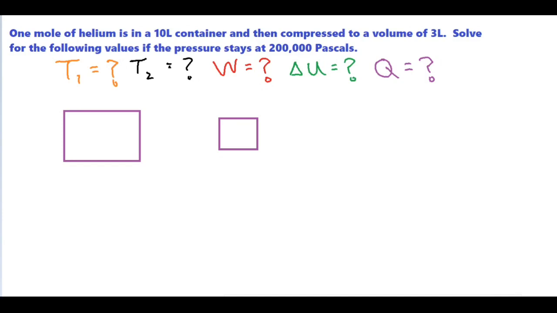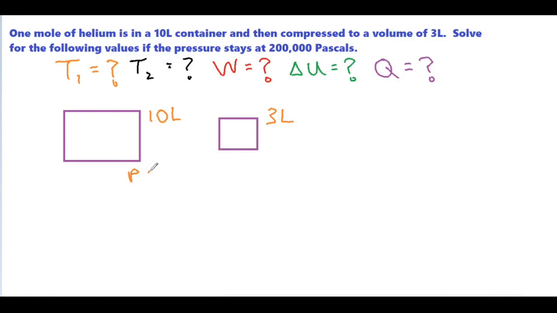So we have 1 mole of helium that's in a 10-liter container. So we have an initial volume of 10 liters, and then it's compressed to a volume of 3 liters. It says solve for the following values if the pressure stays at 200,000 pascals.